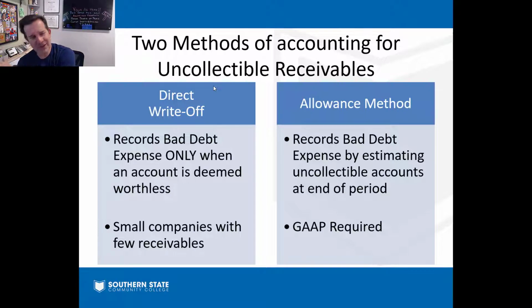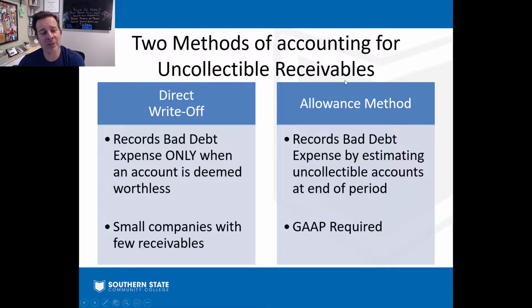In big boy world, in the big boy accounting game, we use what's called the allowance method. In the allowance method, we estimate bad debt proactively. And we kind of try to predict what bad debt will be. So we estimate it proactively and kind of make an accounting for it that way instead of waiting until people prove they won't pay.